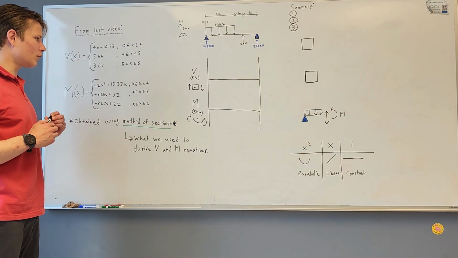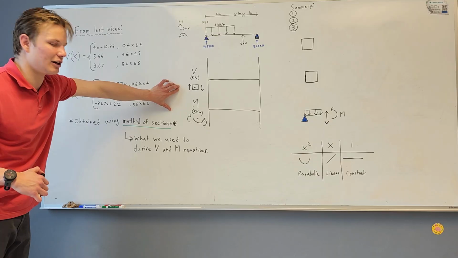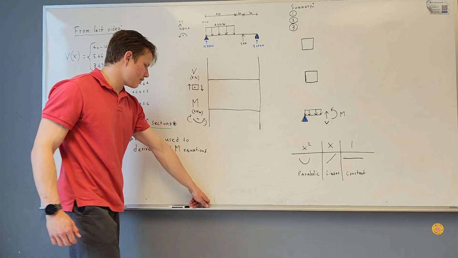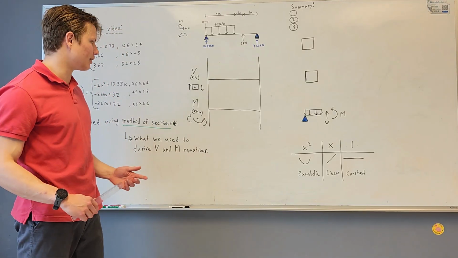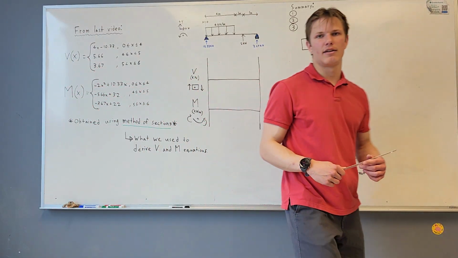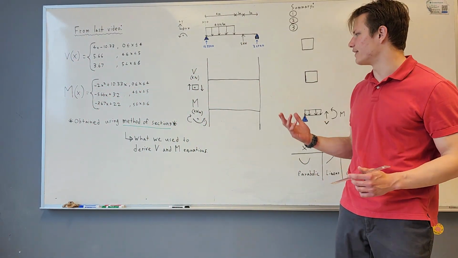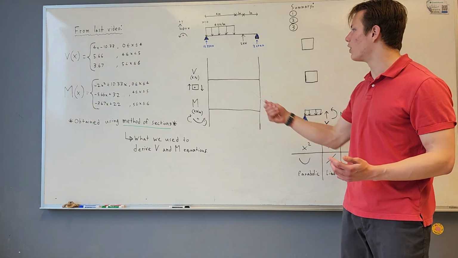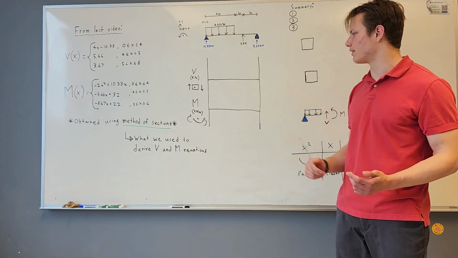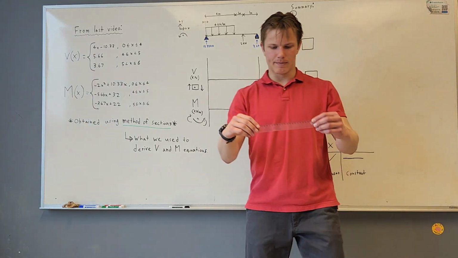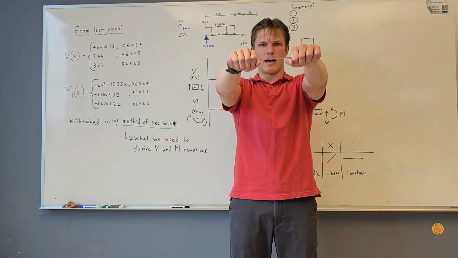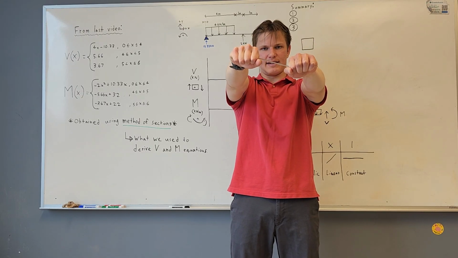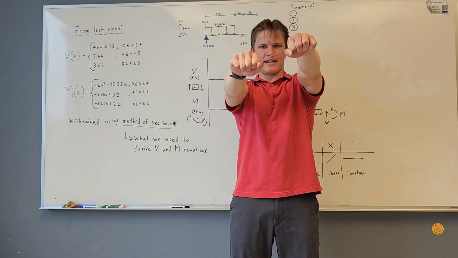So before we move on, I want to clarify these a little bit because a lot of people can get confused at this point. When we have shear and bending acting on a beam, we can actually get 2 different kinds of it. We can either get a positive or a negative, but we need to establish which one we are going to call positive and which one we are going to call negative. So for shear, if I have a beam, I can either apply shear up with my right hand like that, or up with my left hand like that.